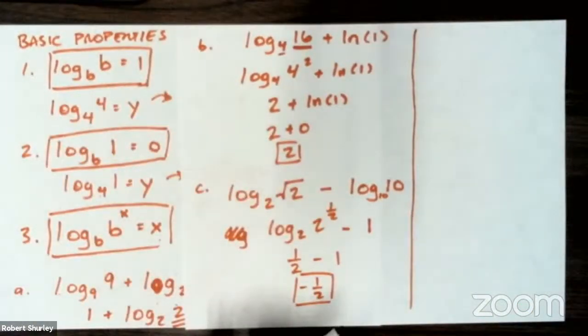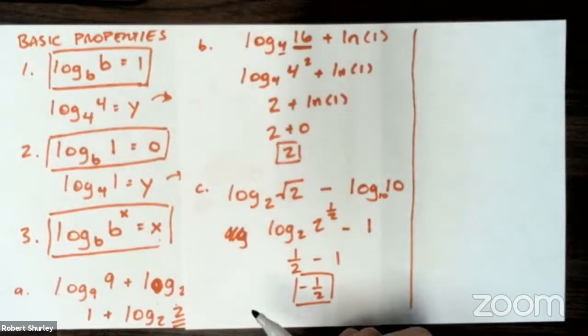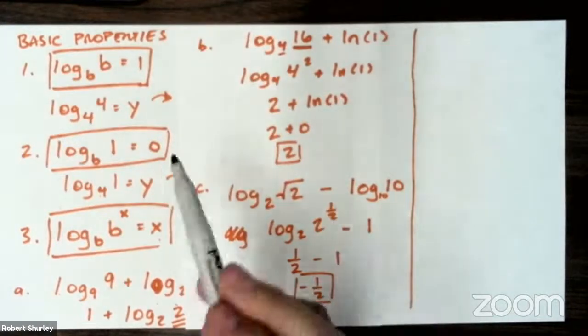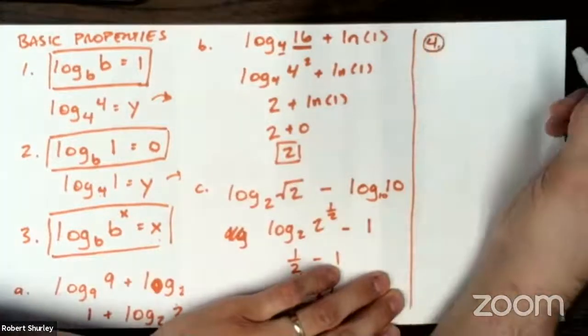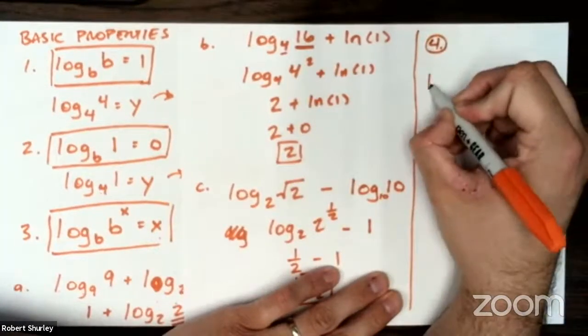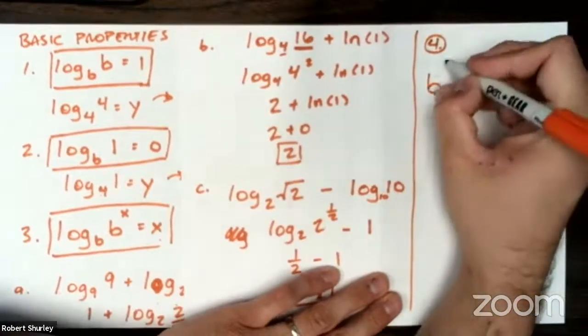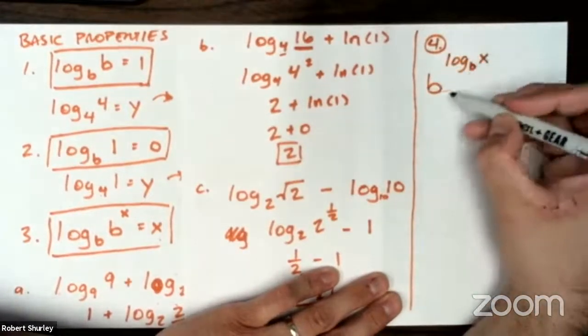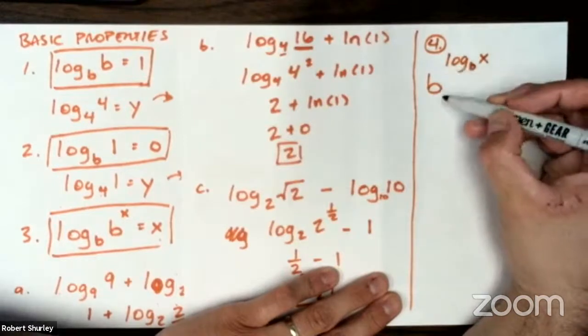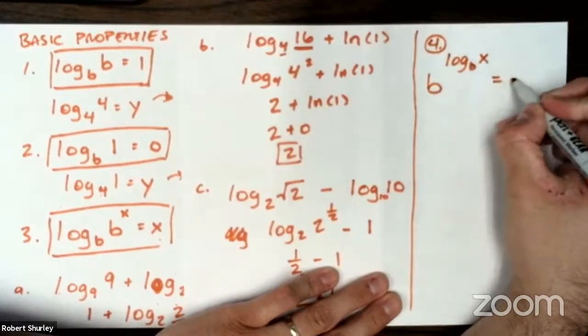Oh, there is one more rule, and it's not used that often, so that's why I kind of waited to go over it. It's the fourth rule, and it says if we have a base raised to the log base b of x, so these match, a base raised to the log base b of x, that just equals x.